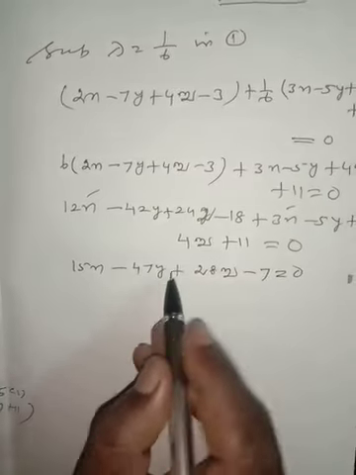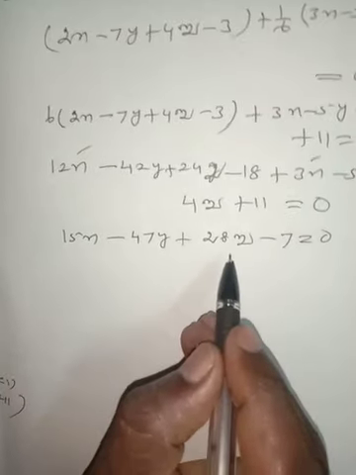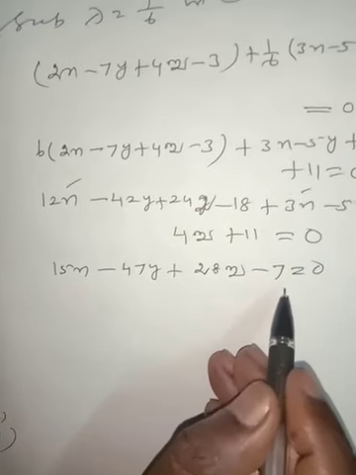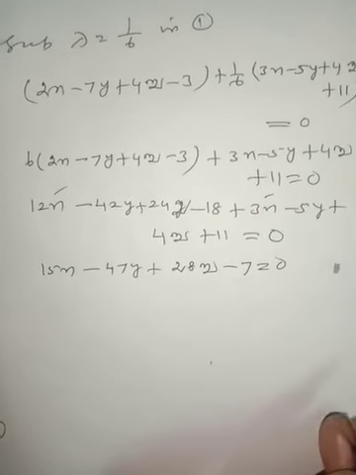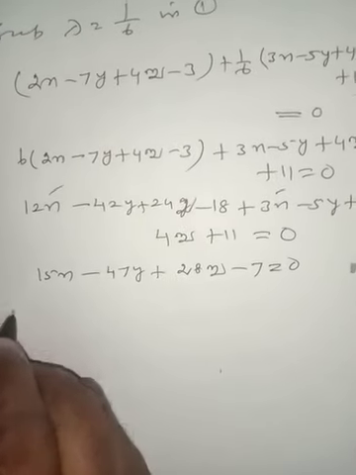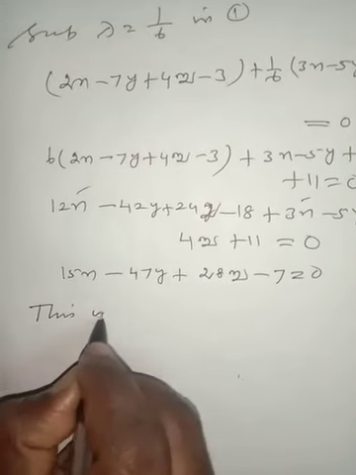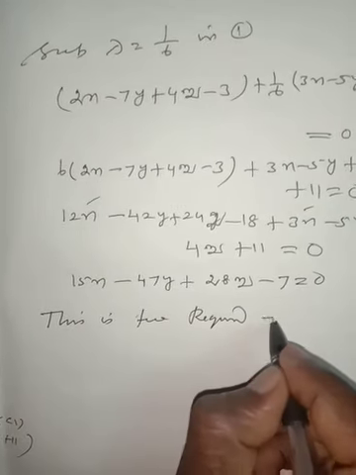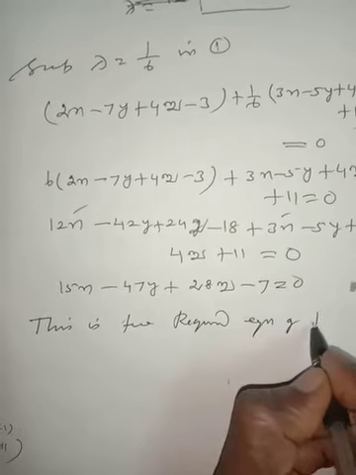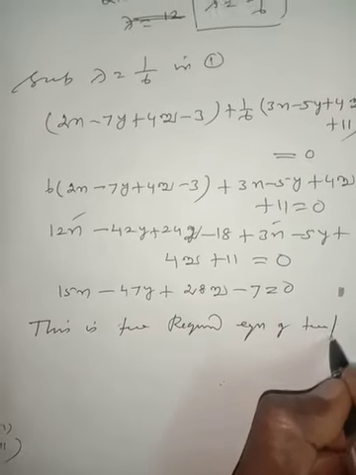So 15x minus 47y plus 28z minus 7 is equal to 0. This is the required equation of the plane.